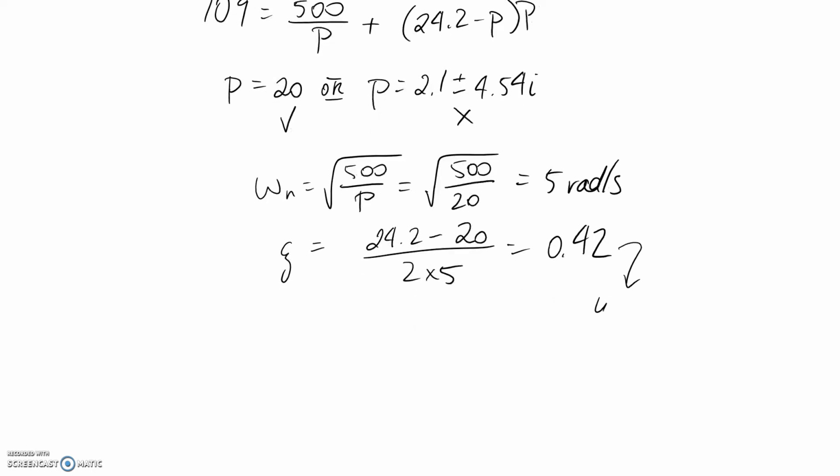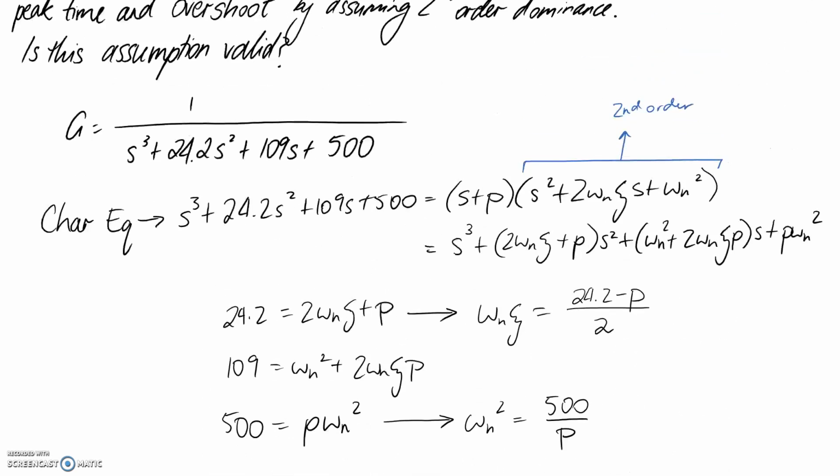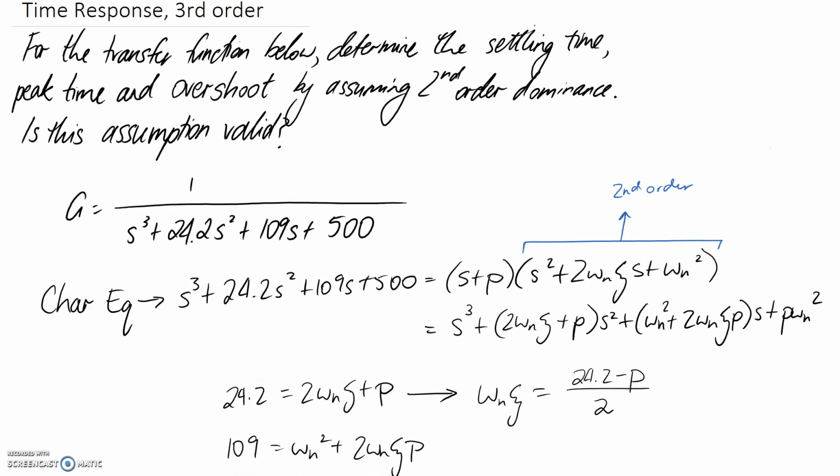So what this tells us is, under the assumption that we have second order dominance, it means that we have an underdamped system. So therefore, when we go through and calculate now our time response properties, so it's asking for the settling time, the peak time, and the overshoot, we should be able to use the equations for second order underdamped systems. We'll come back in a moment and check whether the assumption is valid.